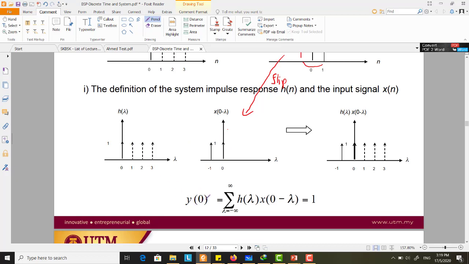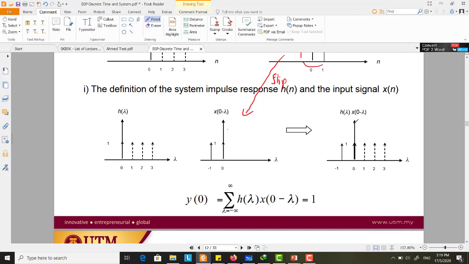To find y[0], you overlap this and this one, and then you take the sum of products. From here you can see that if I overlap this signal and this signal, the rest will multiply with 0, because the rest of this signal is 0, while only where h[n] and x[n] overlap is there a nonzero product.